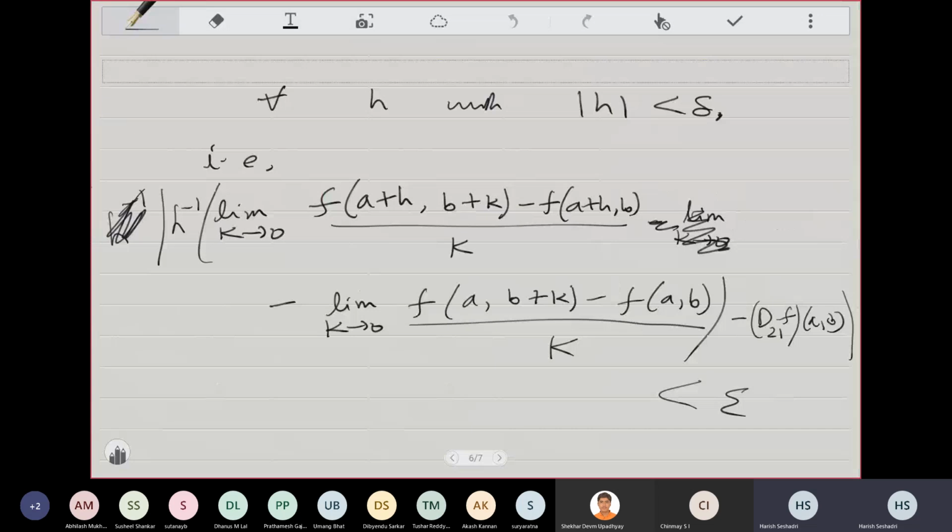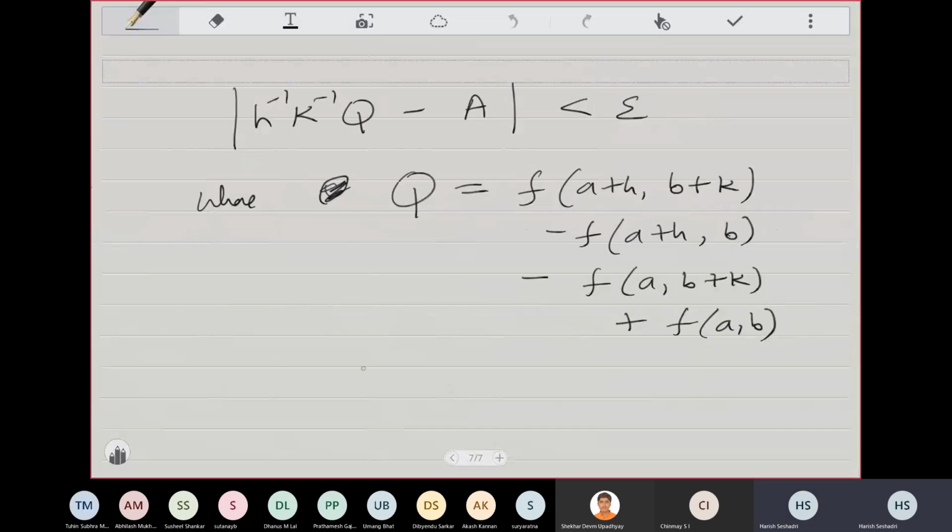There's a minus sign here, and A is just D21 f, the partial derivative at (a,b).